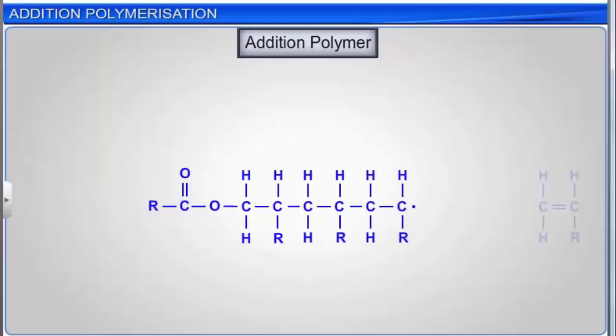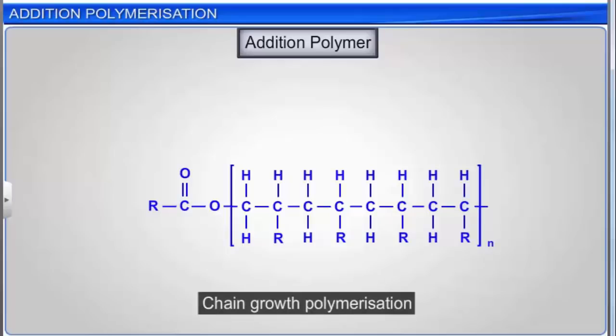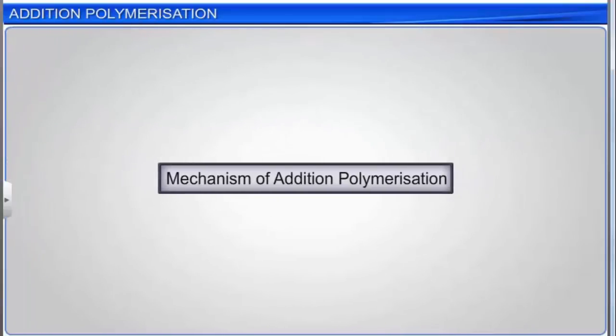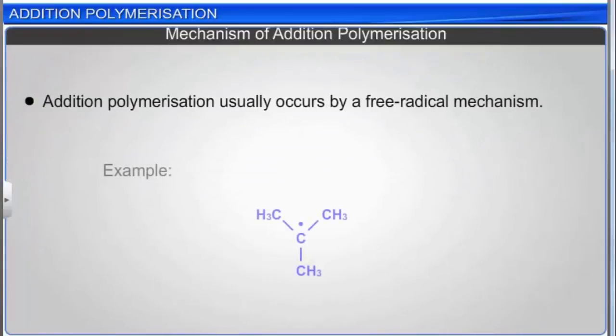This mode of polymerization leads to an increase in the length or growth of the chain. Hence the name chain growth polymerization. Let us now look at the mechanism of addition polymerization. Addition polymerization usually occurs by a free radical mechanism.